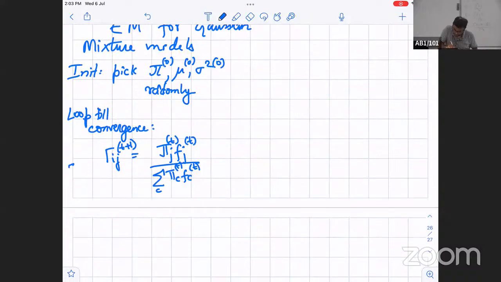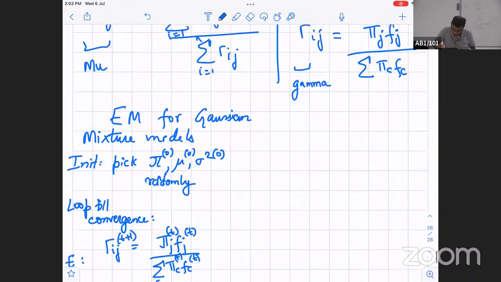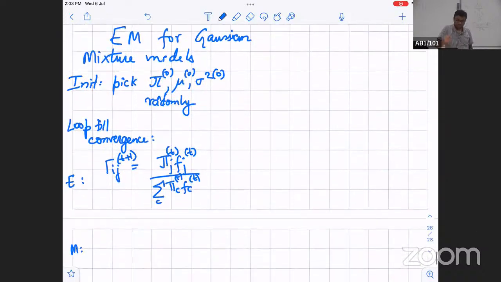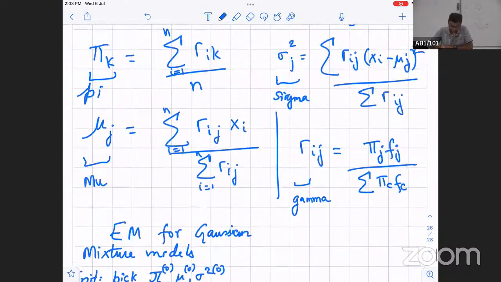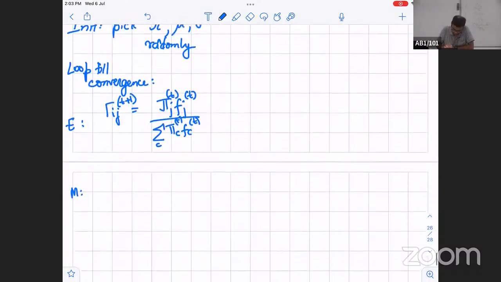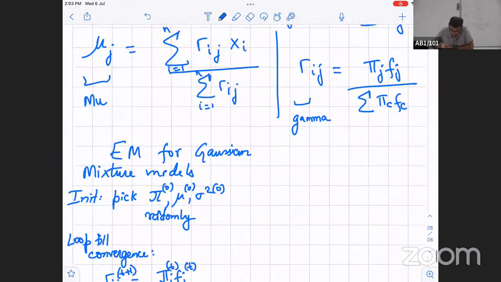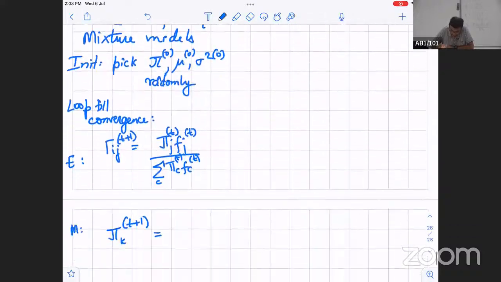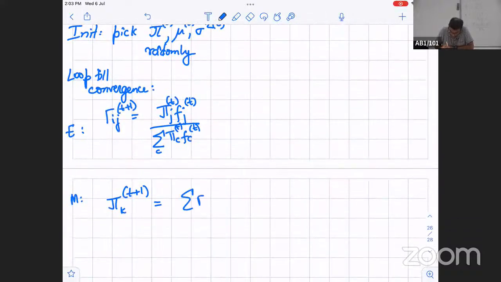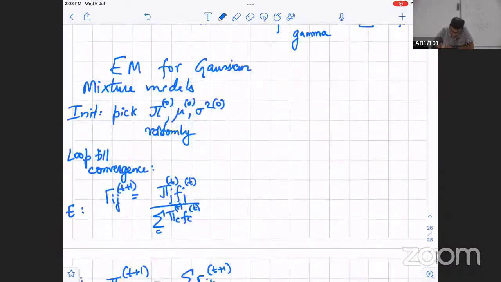This is the E step, and your M step is: you will keep gamma ij fixed and compute these three. pi k at t plus 1 is the summation over i of gamma ik at t plus 1, divided by n.